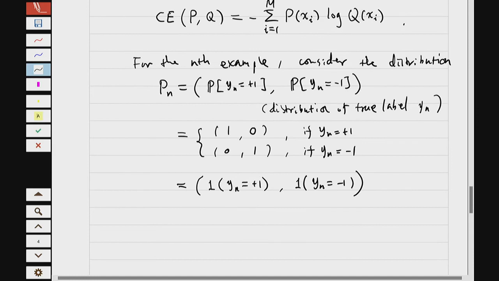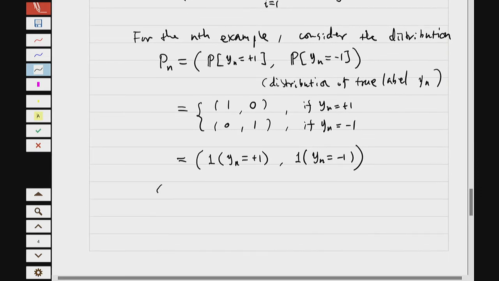Okay. So now we have the true distribution for the labels for this particular point. Now, what is our estimated distribution for the labels for this point? Let's call it Qn, that we'll compare with Pn later. Qn is our estimation, right?